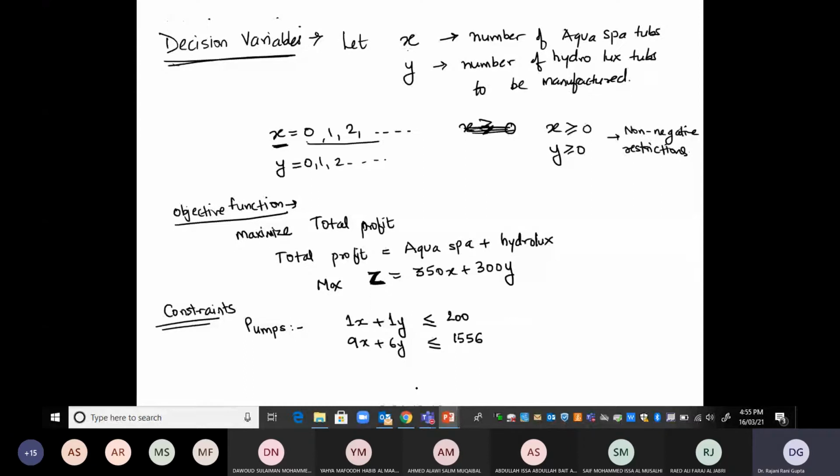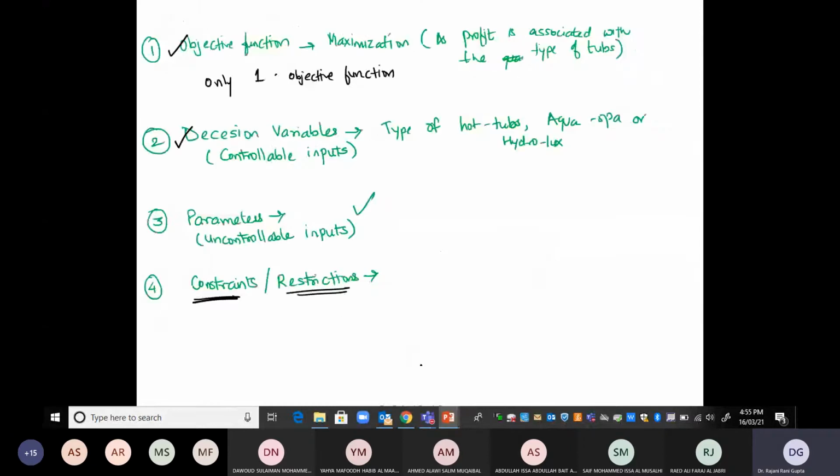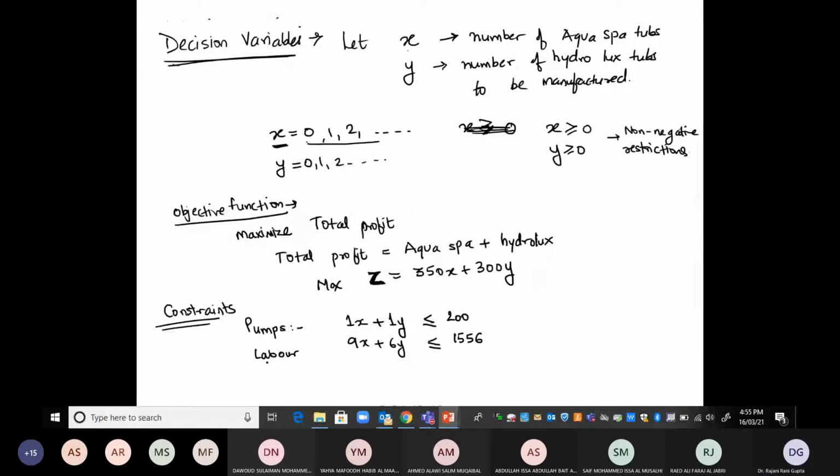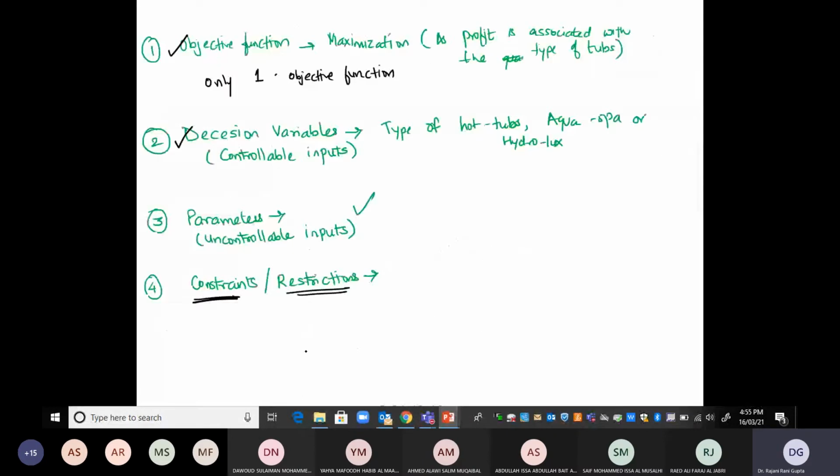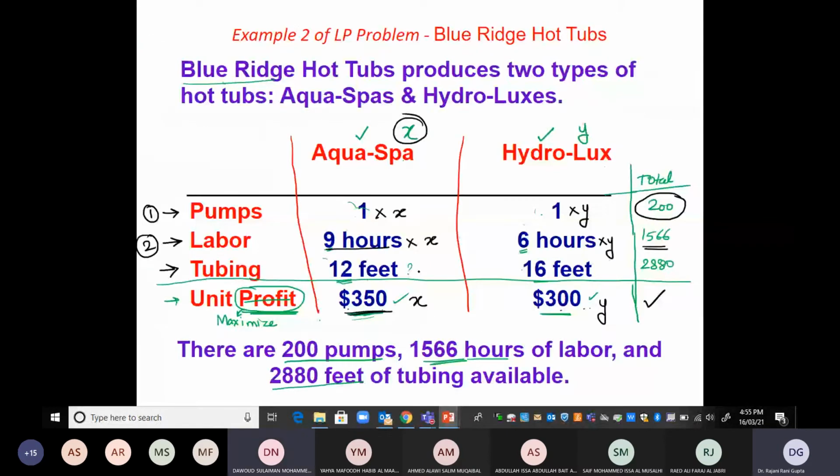Next is tubing. Can anyone tell me what it will be for tubing? 12X plus 16Y, less than or equal to 2880.